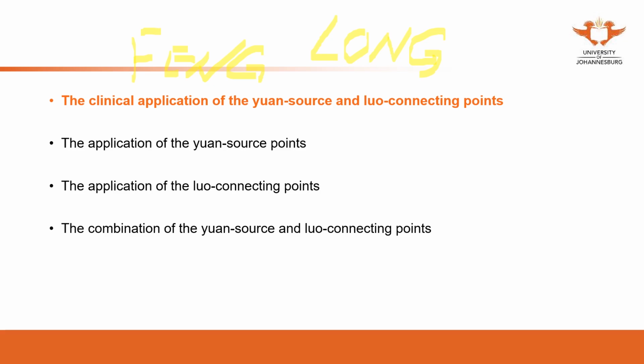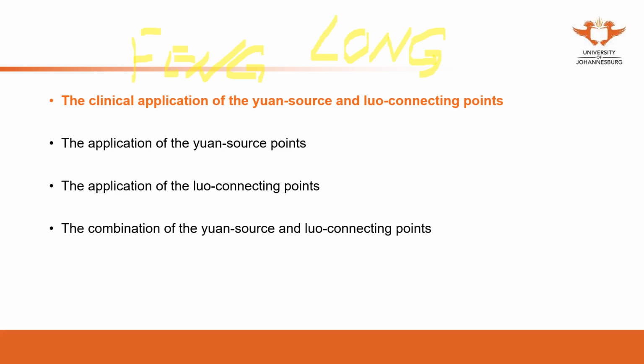The second application of the Yuan and Luo points: you also can see the dominant symptoms or the main complaints. The most important symptoms or the most discomfort that the patient comes to you with, you're going to use the Yuan source points of that meridian. Again, we use the same example.